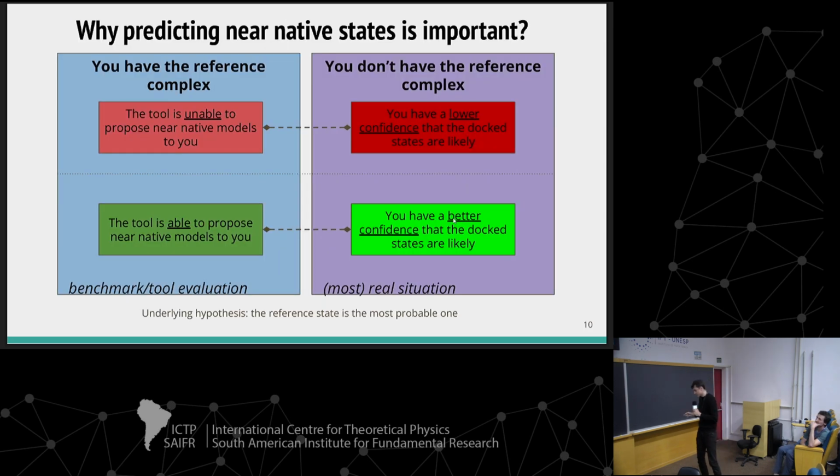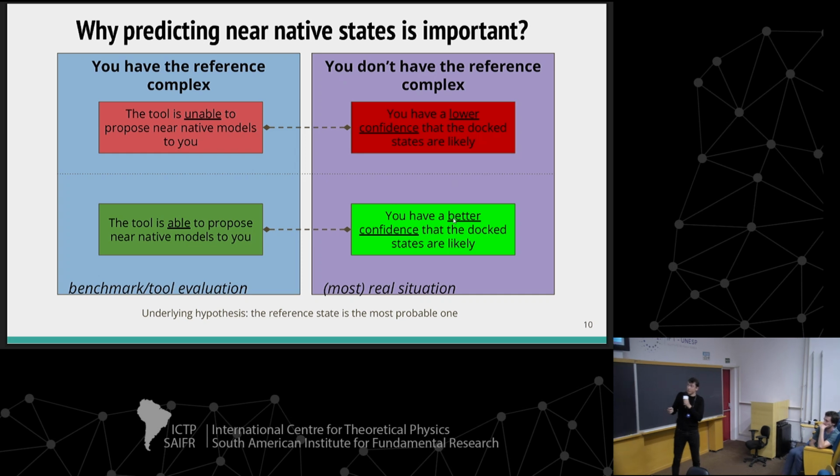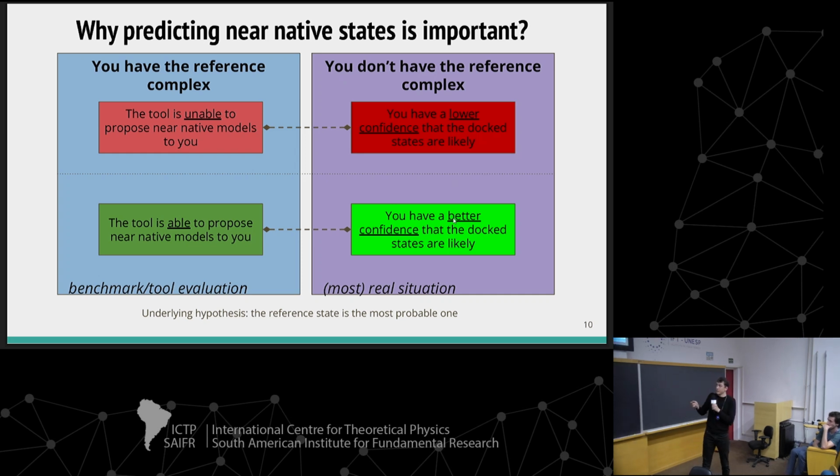So I've talked about near-native models, and you can ask, oh, but you already have the crystal structure, so why bother predicting it if you can just use the crystal structure? So let me answer by explaining why it's important to predict near-native states in a benchmark situation.